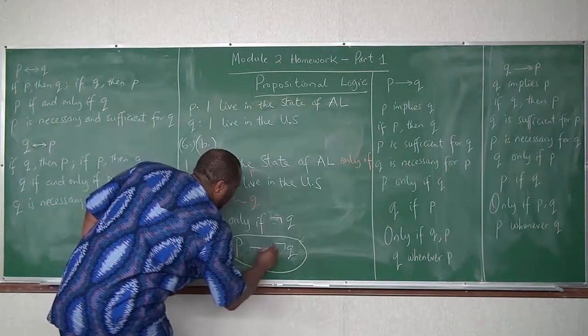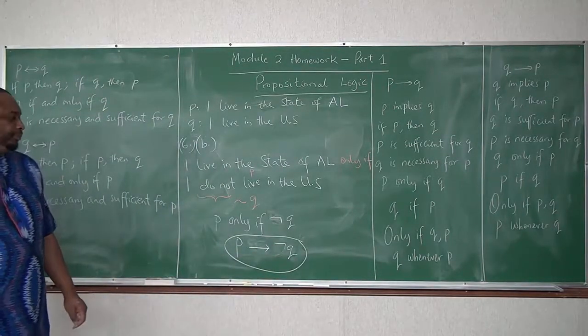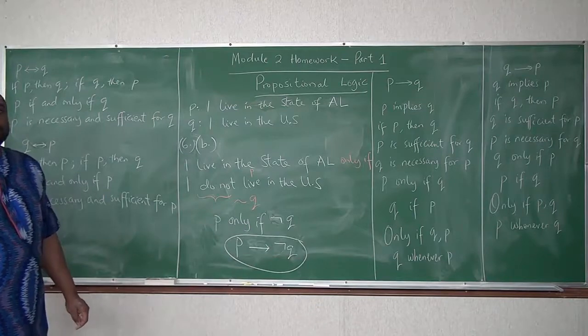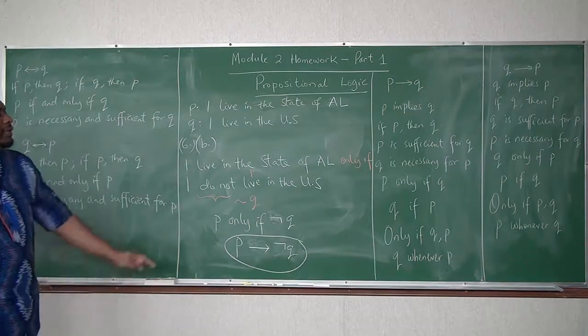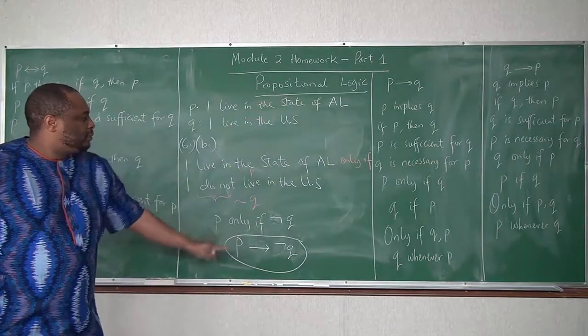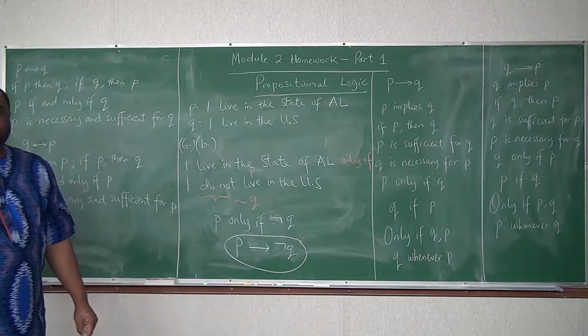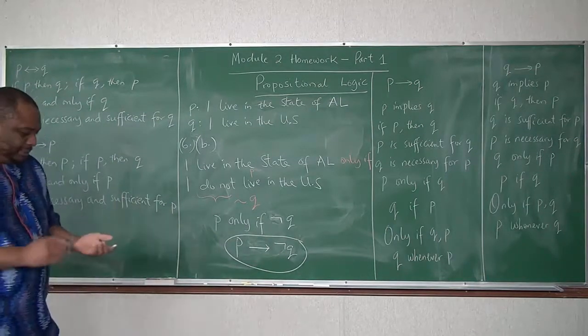Because P only if Q is P arrow Q, this will be P arrow not Q. Okay? So this is the B part.